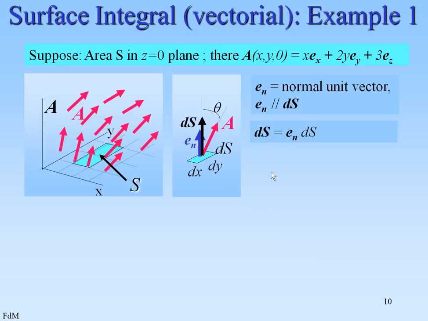Example: suppose we have an area S in the z equals 0 plane, and there the vector field A is x times Ex plus 2y times Ez plus 3 times Ey plus 3 times Ez. The normal vector is given here, and the normal vector is parallel to dS at the surface.